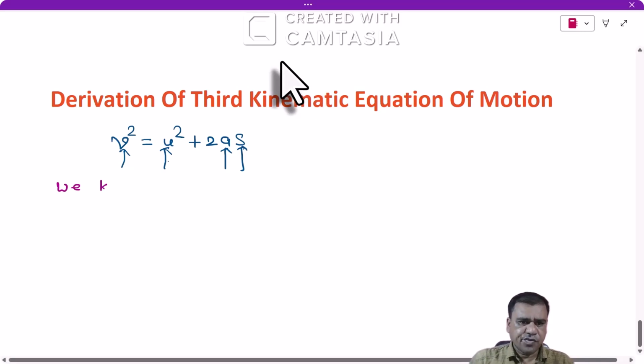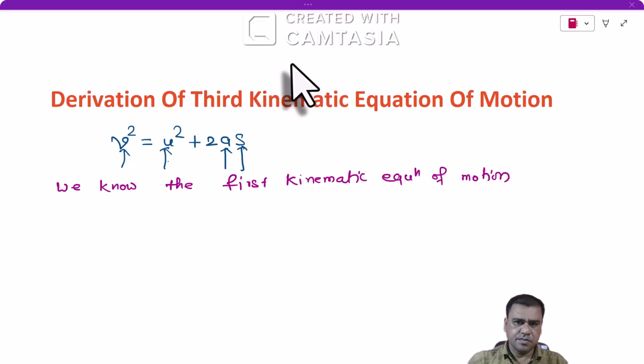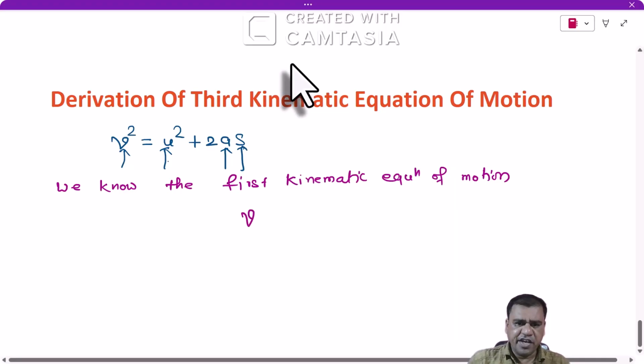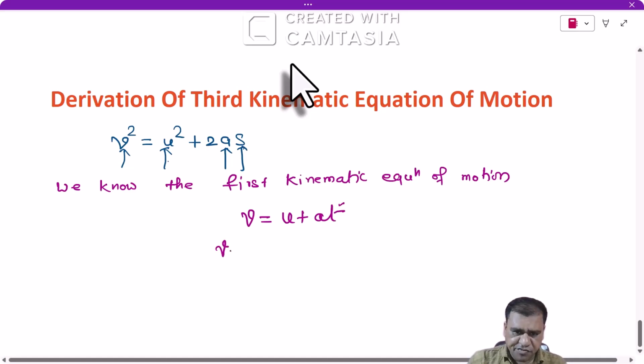We know the first kinematic equation of motion, which is v is equal to u plus at, where u is the initial velocity, v is the final velocity, a is acceleration, and t is time. Now it can be written as v minus u is equal to at.